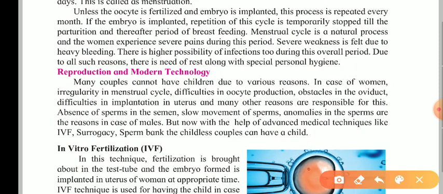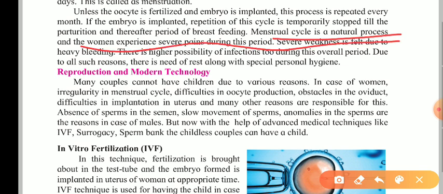Unless the oocyte is fertilized and an embryo is implanted, this process is repeated every month. Means as long as fertilization is not taking place, this particular process goes on continuously every month. The menstrual cycle is a natural process, and women may experience severe pain during this.